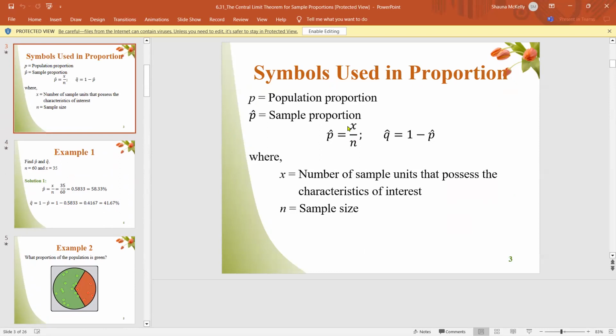In this case, it's 190 people out of 1,000. So my p hat here is going to be 190 out of 1,000. Go ahead and divide that, and we'll do part D. 0.19, that's your p hat.